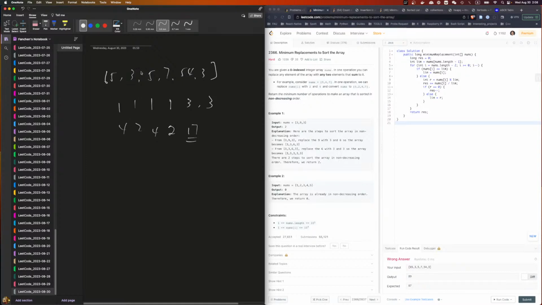So the answer will be 4 plus 2 plus 4 plus 2 plus 17. Oh, that's 65. It'll be 64. 89, that's my output, but it should be 87. How do you figure 87?